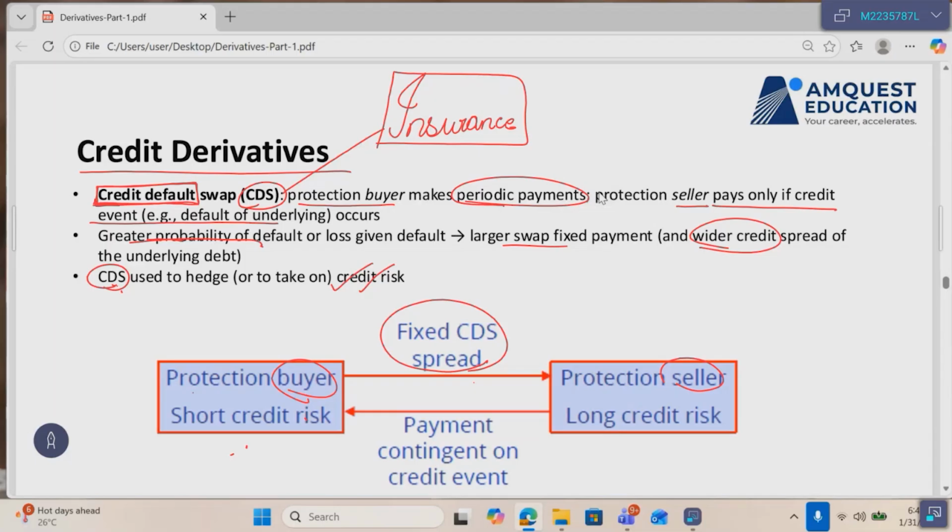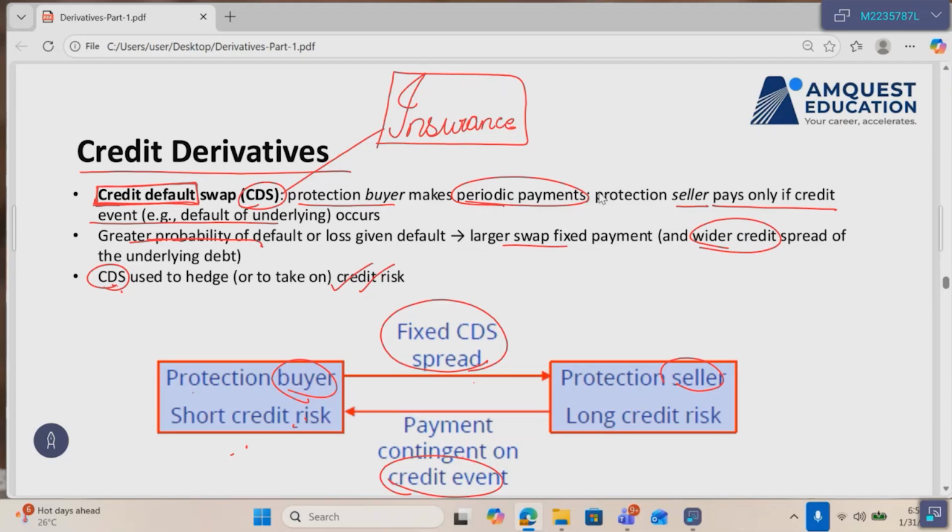He says, don't worry, if anything happens, I will pay you in the event of a credit default. Remember, it's only in the event of a credit default, not otherwise. If that party has defaulted, then you will get the payment. Any questions?